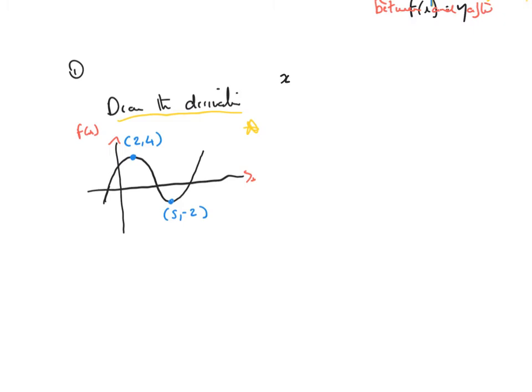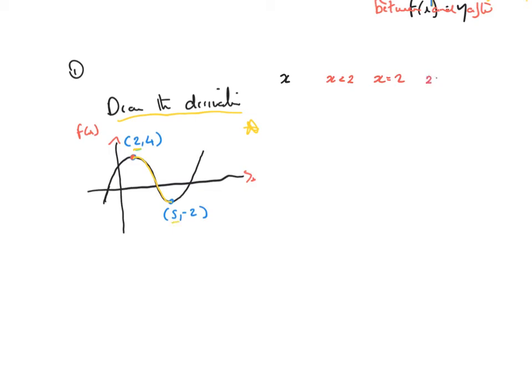Now where does the first stationary point occur? It occurs at 2, 4. So the x coordinate is 2. So the first thing we're going to do is inspect what's happening before 2. Then we're going to inspect what's happening at the stationary point, that's at 2. Then we're going to inspect what's happening between stationary points, so that is between 2 and 5.